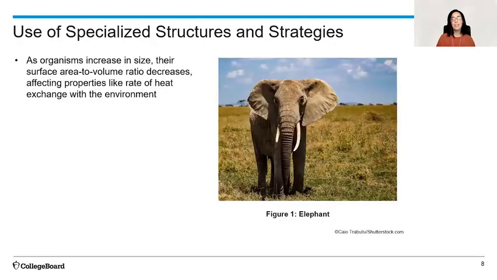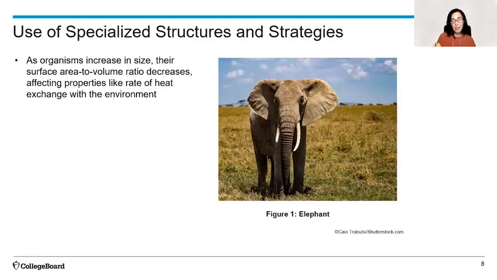Also, as organisms increase in size, their surface area to volume ratio decreases, and this can affect properties like the rate of heat exchange with the environment. So let's take the elephant, for example. These are really large animals, and their bodies have little surface area relative to the enormous volume that they contain. So it's difficult for the elephant to release heat from their bodies across their surface.